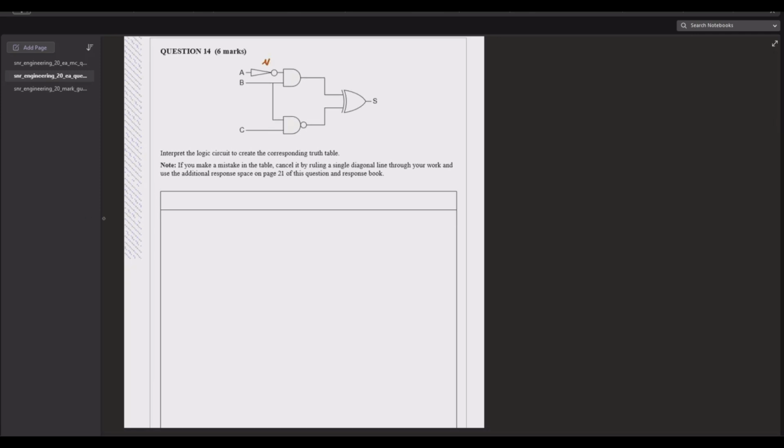Okay, so we have a NOT gate here, an AND gate next to it, an XOR gate, and a NAND gate.